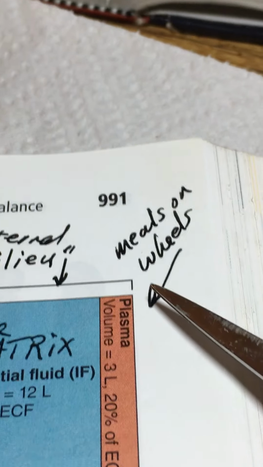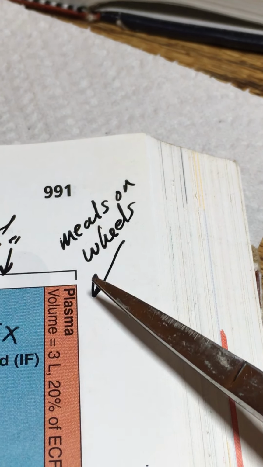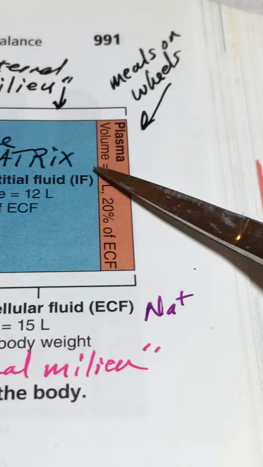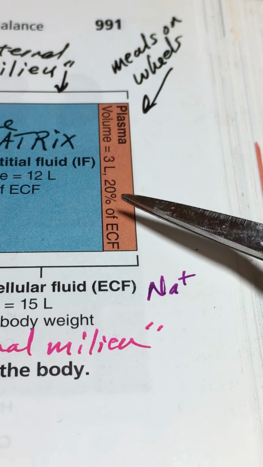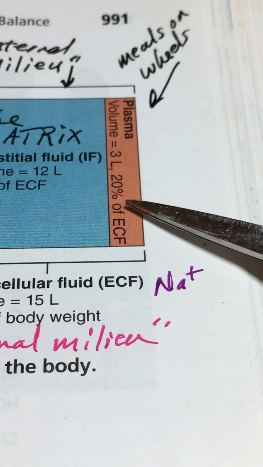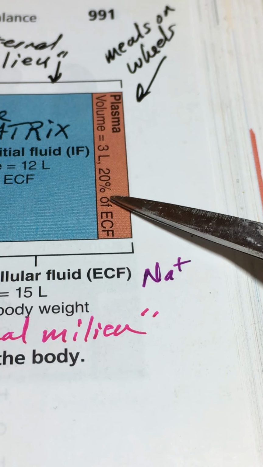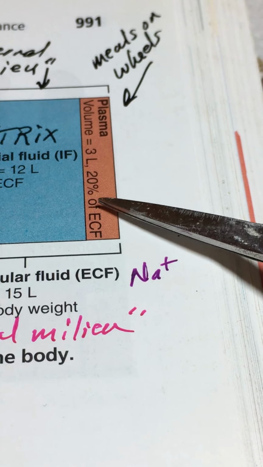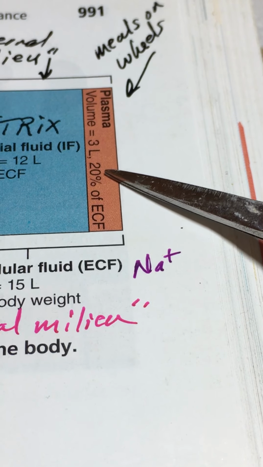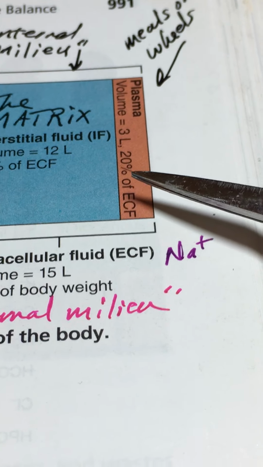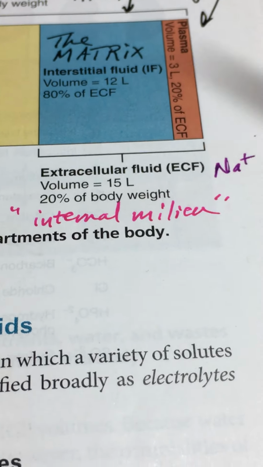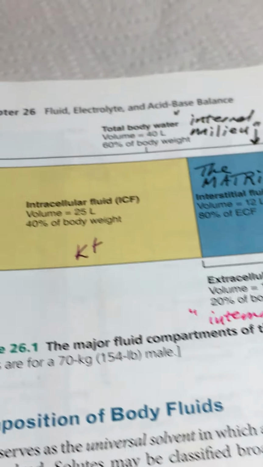Okay, and so here I call this meals on wheels. This is getting everything around, whether it's hormones or essential nutrients. All the substrates of life are moving through the blood, and with the blood also the waste products that are being removed from the cellular tissues. So it's important to have this in mind.